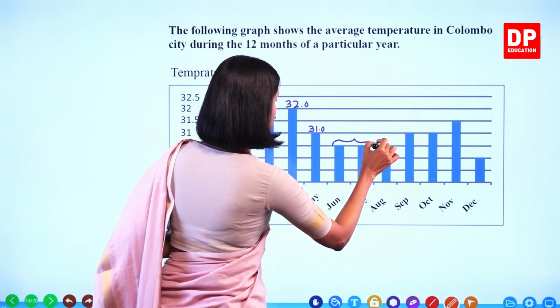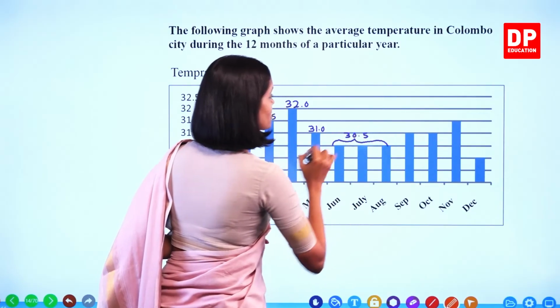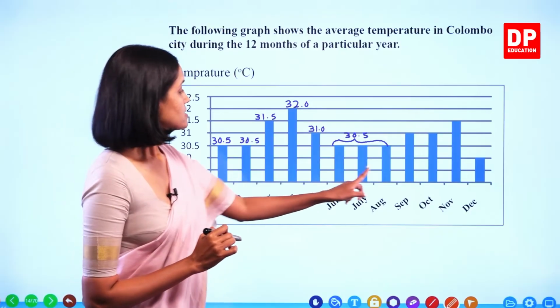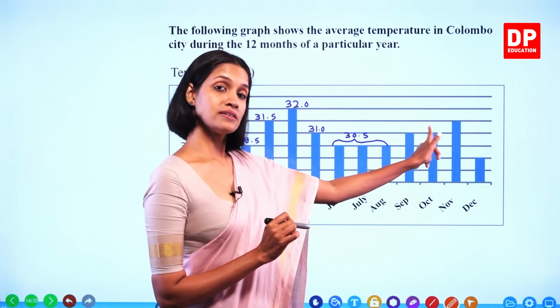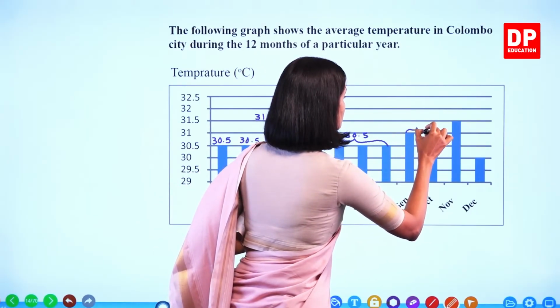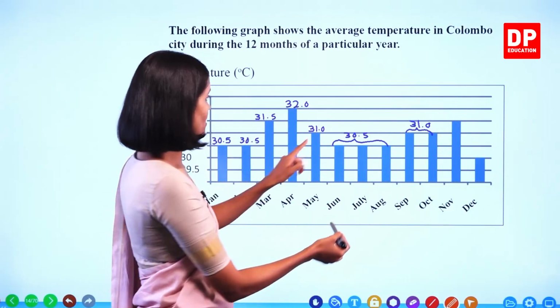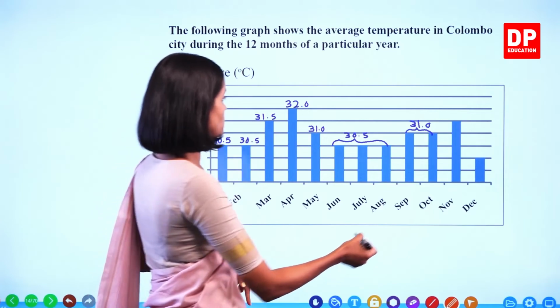We'll write like this, 30.5. September and October similar, which means 31. November 31.5, similar with March.